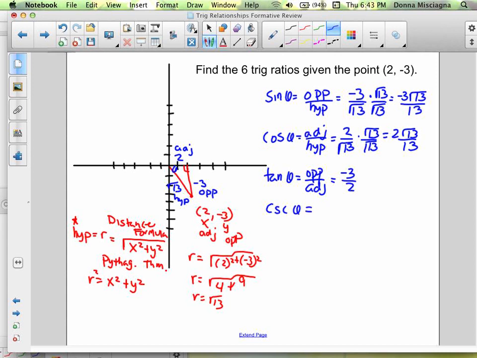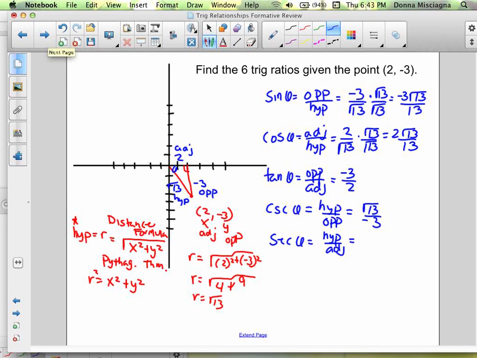And then cosecant is the reciprocal of sine, so it's hypotenuse over opposite. So that would be the square root of 13 over -3. Secant theta is the reciprocal of cosine, so it's going to be the hypotenuse over the adjacent.